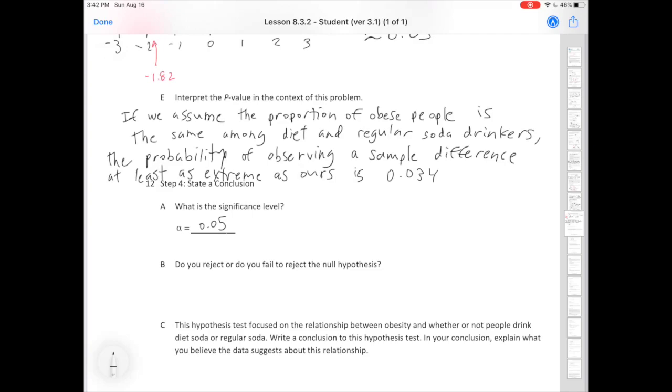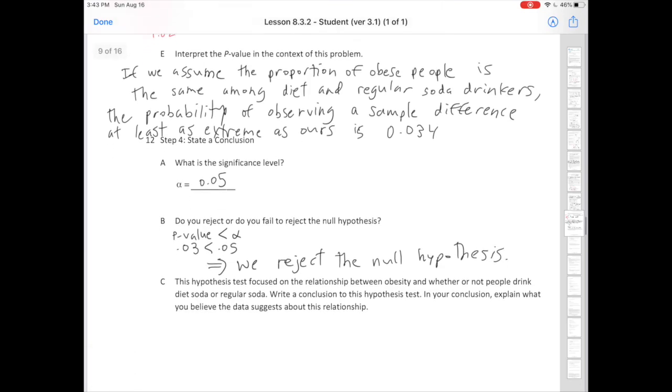Do you reject or do you fail to reject the null hypothesis? Well, since the p-value is smaller than alpha, isn't it? Because 0.03 is smaller than 0.05. So that means we reject the null hypothesis. Okay? All right, let's keep going.